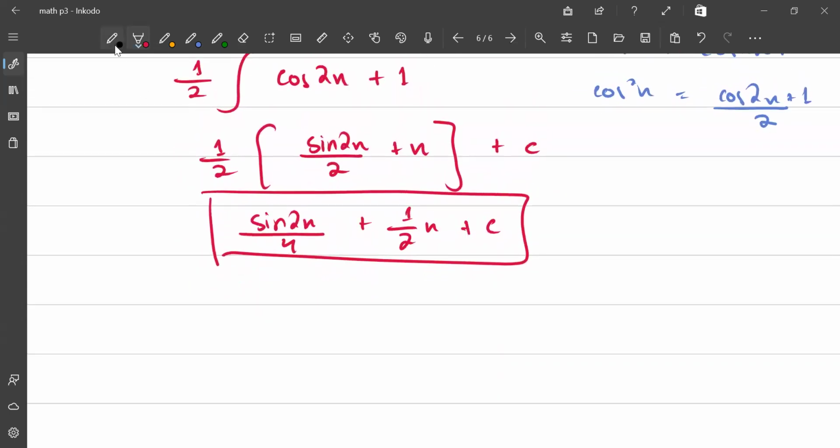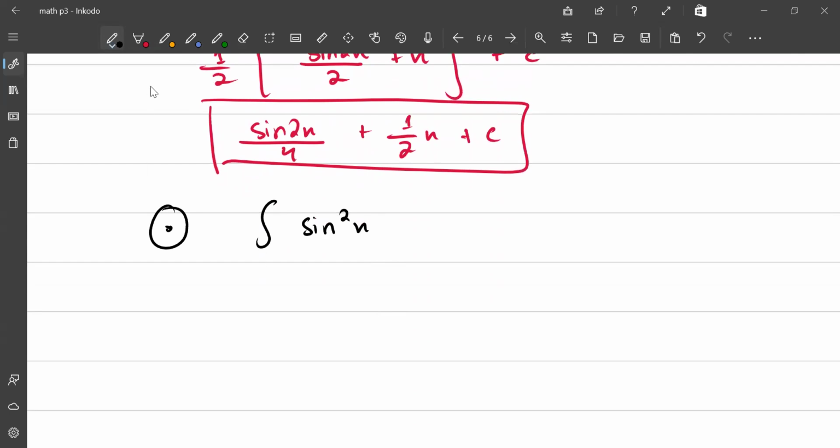Similarly, if you encounter, let's say, sine square x, you are not going to add 1 to the power and divide it like this. No, this is completely wrong. You're going to follow the same approach.